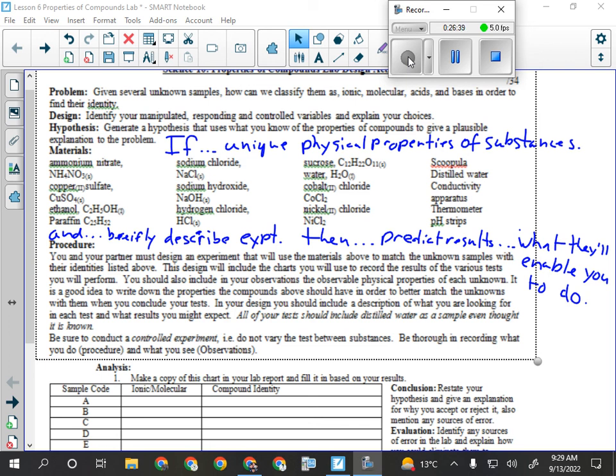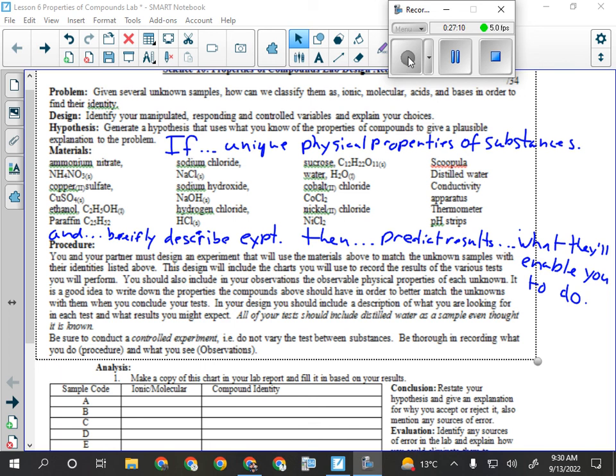It might be slightly acidic or slightly basic, like 6 or 5, or maybe 8 or 9, but it's not going to be 13 and it's not going to be 1. It's definitely not going to be extreme in either case. So that's what I've got to do when I'm doing my analysis: look at the properties of this, then look at my observations and go, okay, substance B has those properties. So substance B is copper 2 sulfate. Spoiler alert, it's not, but just so you know. That's how we would do it. Does that sort of make sense?